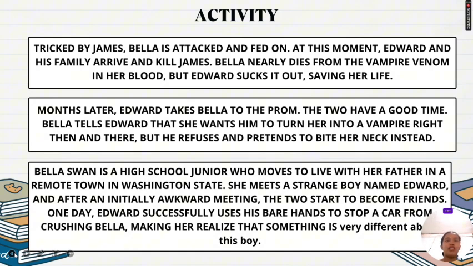So, how do we know that this is the exposition? Just what I have discussed earlier, exposition will introduce you to the main characters of the story, the setting, or the tone. So here, Bella is already introduced, Edward, as well as where they live.